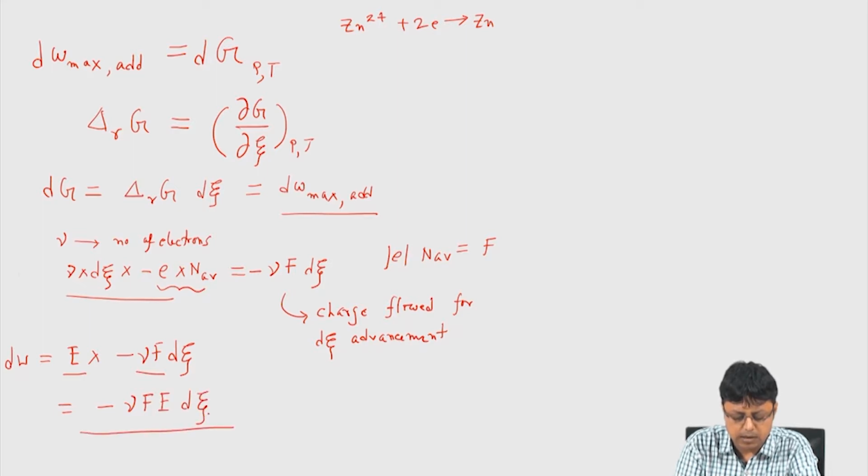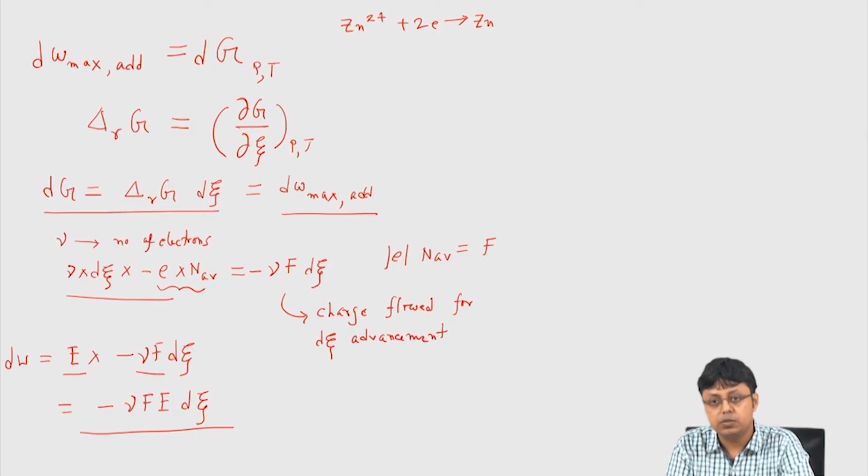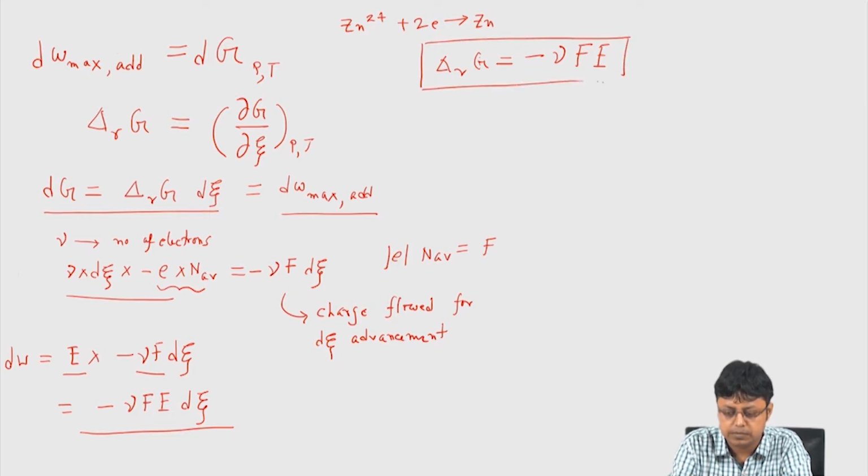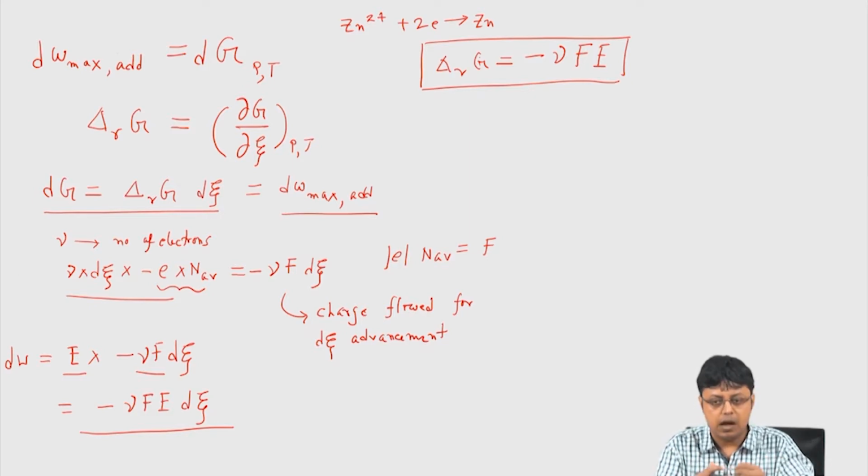Now, you see the work done expression here and compare it with the work done expression there. By comparing these two equations, we can easily write that the reaction Gibbs free energy is nothing but minus nu F into E, where E is the potential drop that we can actually measure. Now, for any half reaction you can define a standard state, just like we defined the standard state when we discussed free energies.